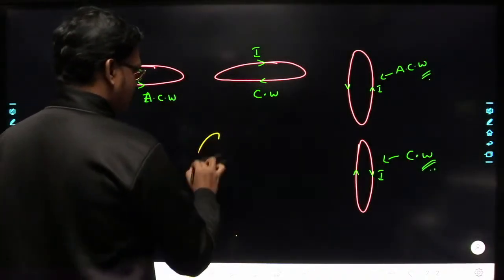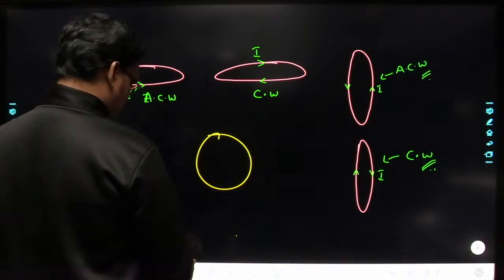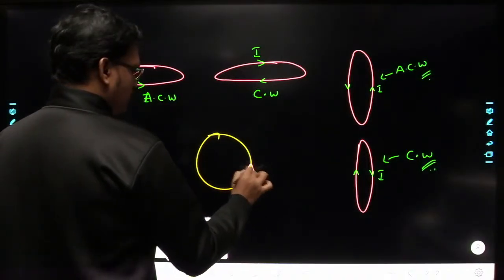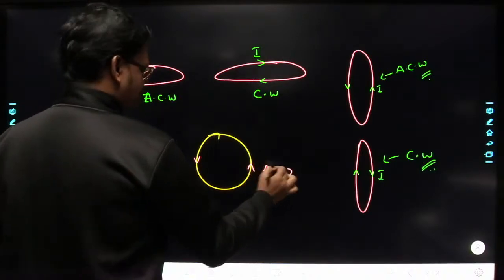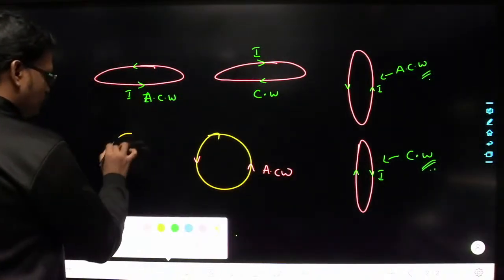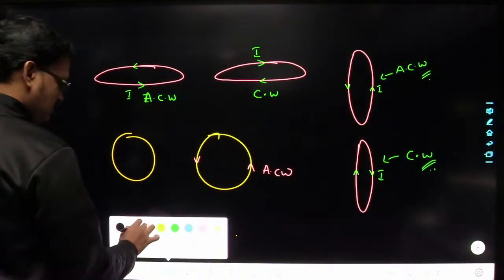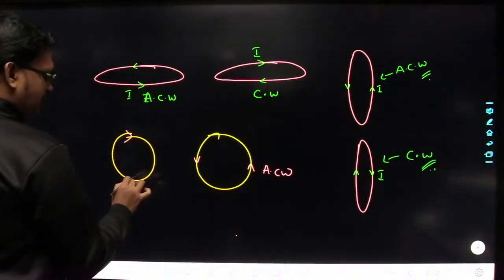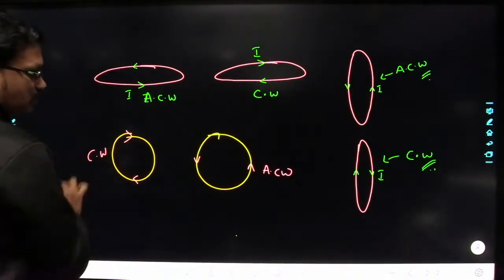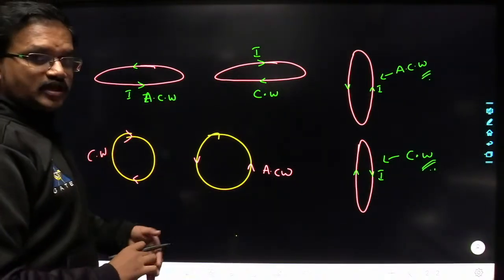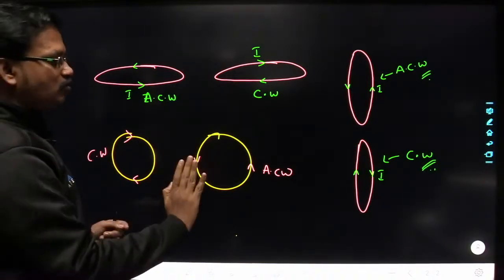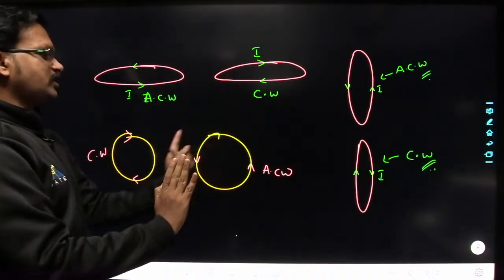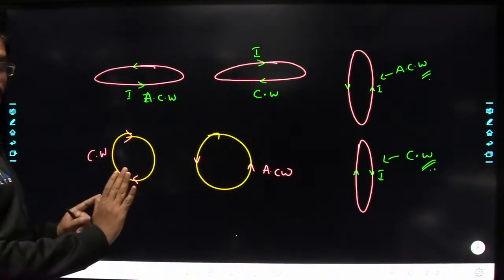Similarly, if you consider the loop like this, you will say this as anti-clockwise. And if you consider the loop like this, I can say it as clockwise. How are you saying this? You are looking from out of the board. From out of the board, it looks anti-clockwise, it looks clockwise.